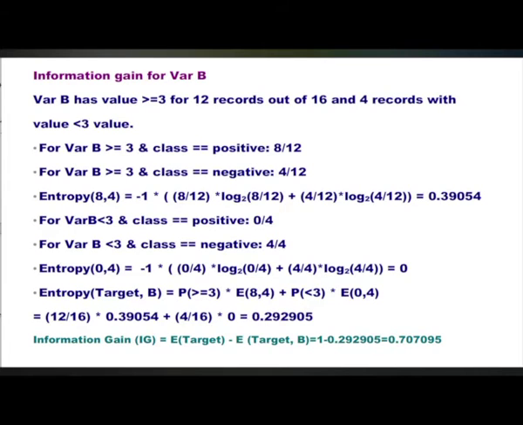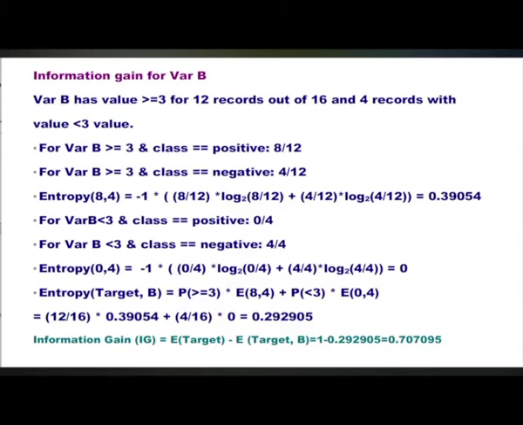Therefore, entropy(8, 4) is equal to minus 8 by 12 into log 8 by 12 to the base 2 plus 4 by 12 into log 4 by 12 to the base 2, which is equal to 0.39.